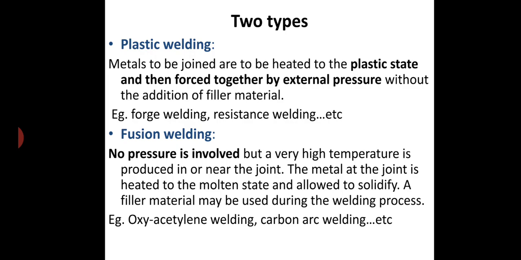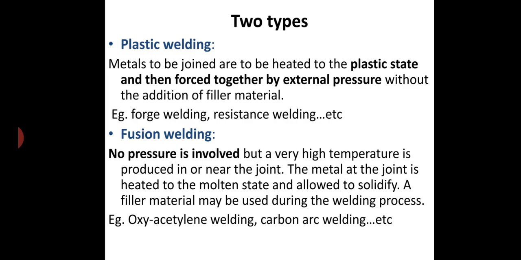Fusion welding is what we generally see all around in our construction operations. Here no force is used, but your metals will be brought to a very high temperature, and the places to be joined are heated to the molten state, and then allowed to solidify.